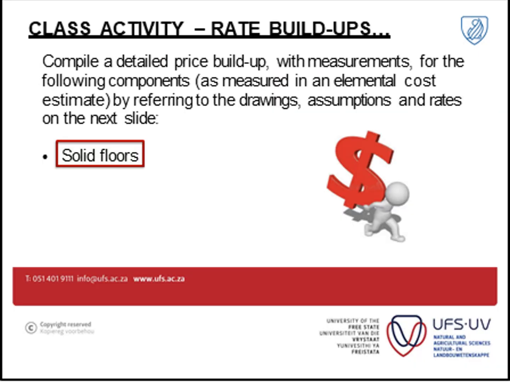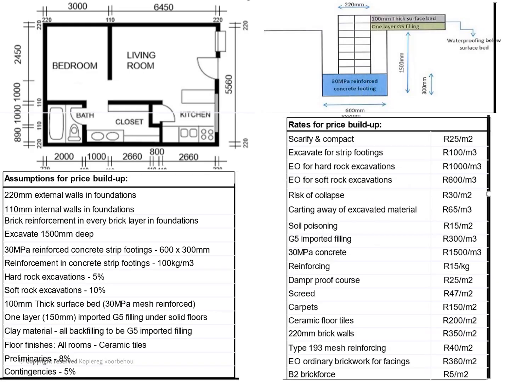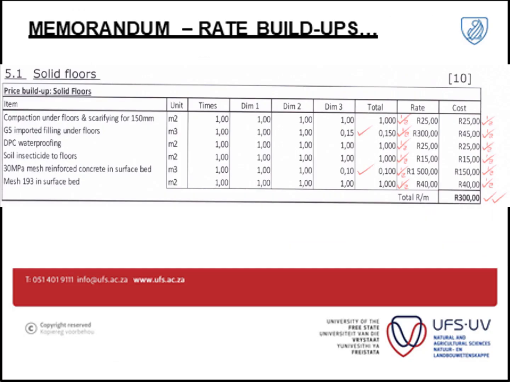A class activity that we did, which you can do at home as well, is to compile a detailed price build-up for the measurement of the following components, measured in an elemental cost estimate, by referring to the drawings, assumptions, and the rates. So you've got the following dimensions and information. The main thing is to look at what is included.